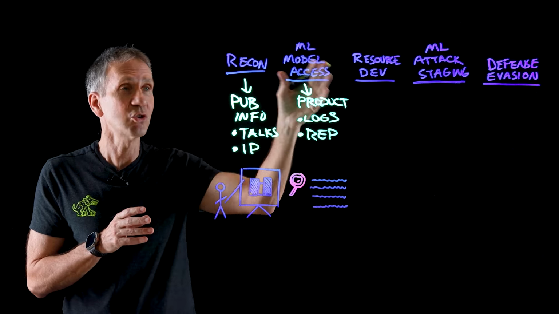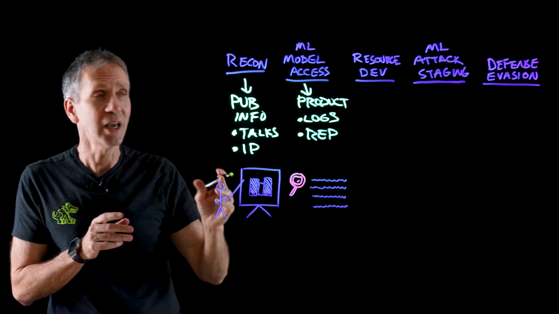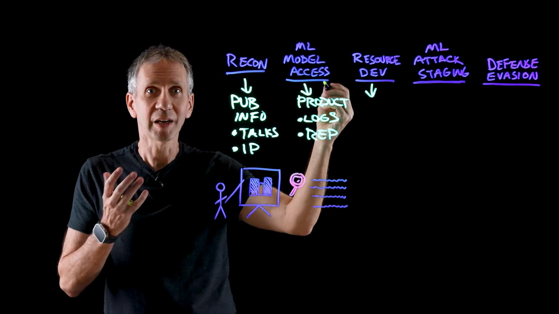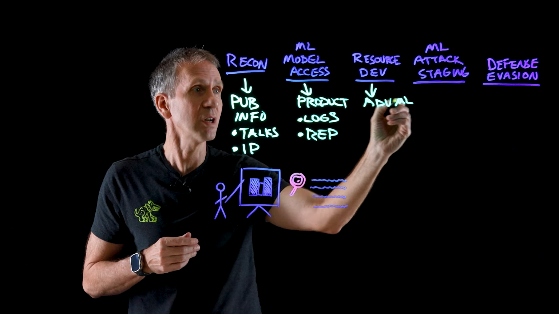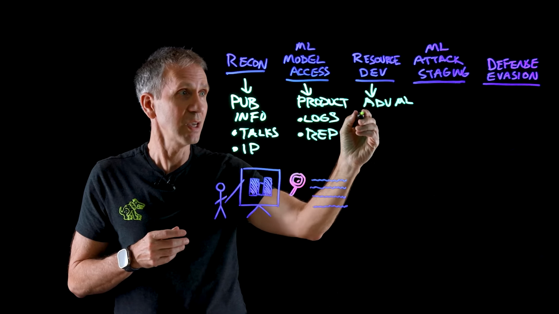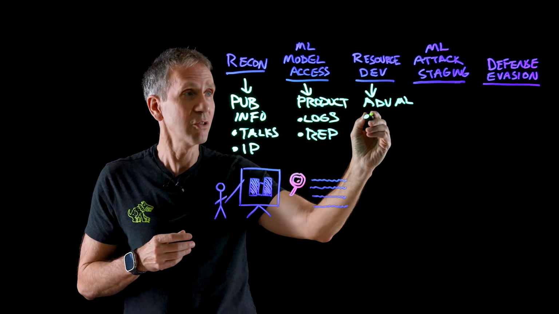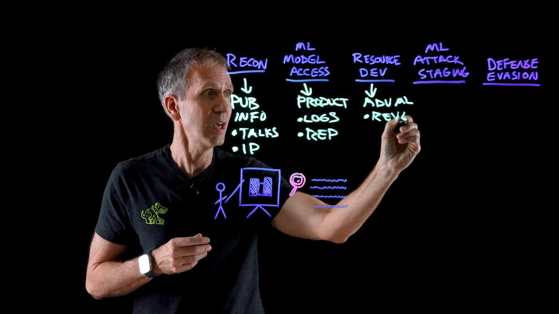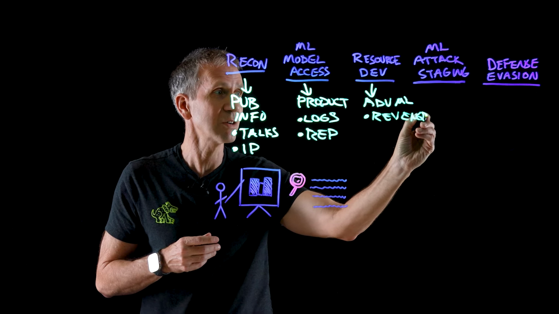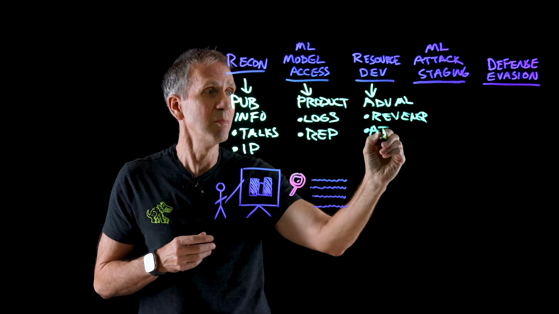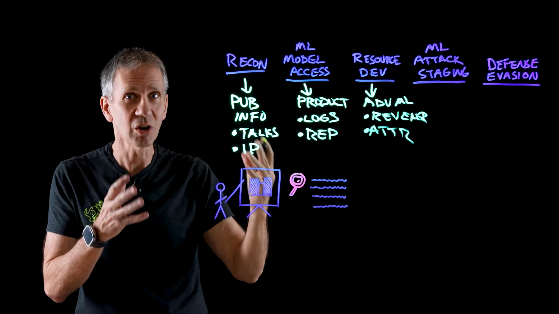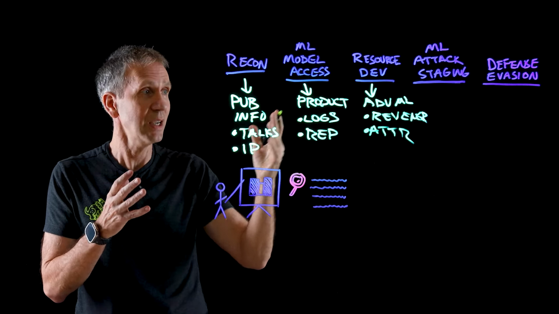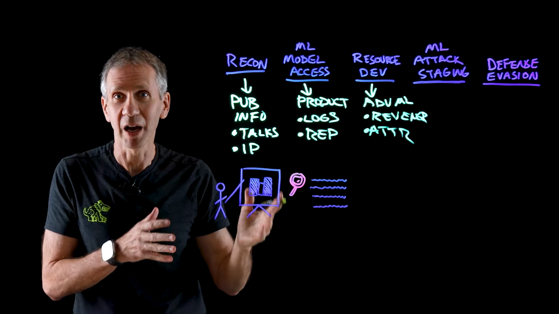Then the next stage is resource development. In this case, what they're going to do is take a look at developing some adversarial machine learning. In particular, what they identified through reverse engineering was that there were some specific attributes, things that the malware scanner was looking for all the time. And when it saw those things, then that's when it would flag this as malware.